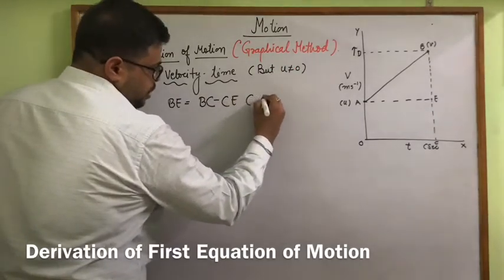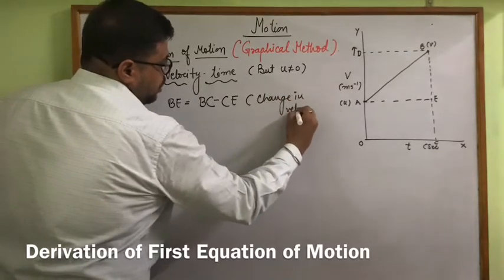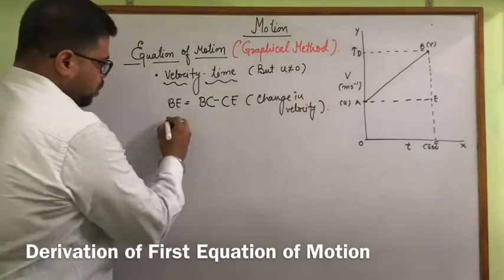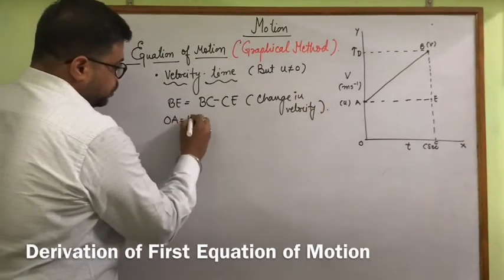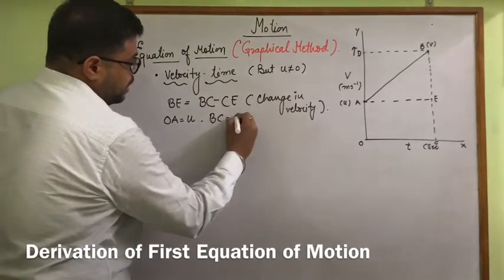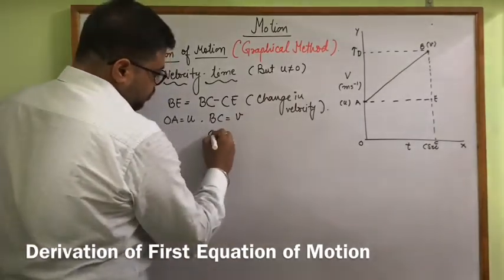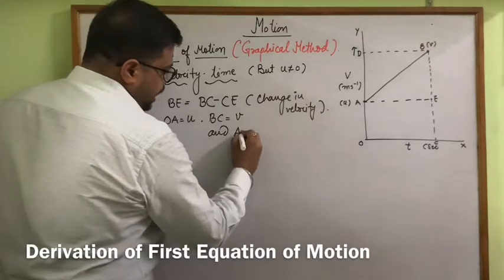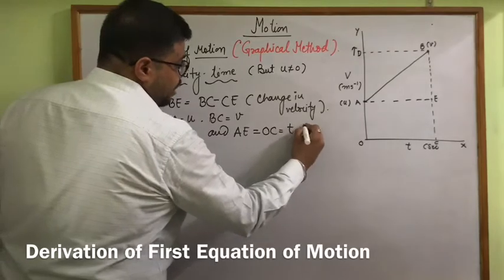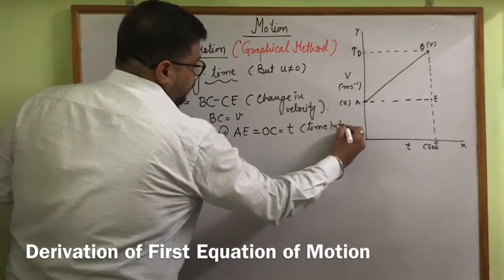It is called change in velocity. OA is u, the initial velocity, and BC is v, the final velocity, and AE will be equal to OC. It is called the time interval.